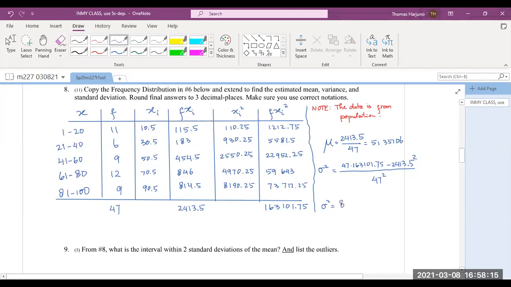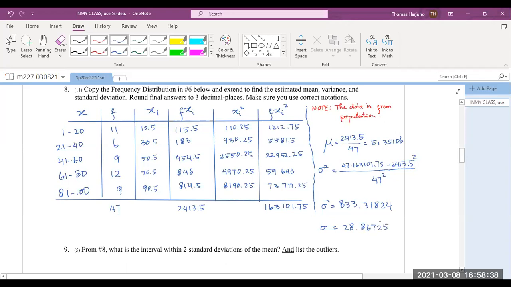I get 833.31824, and then sigma equals the square root of that. That's 28.86725.